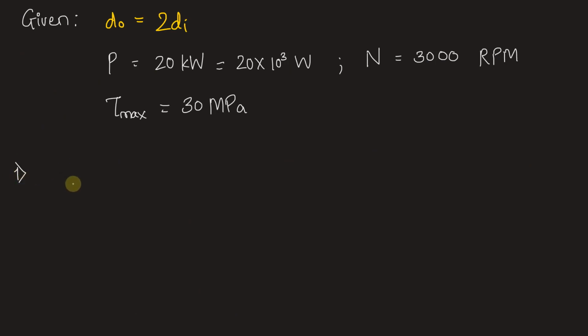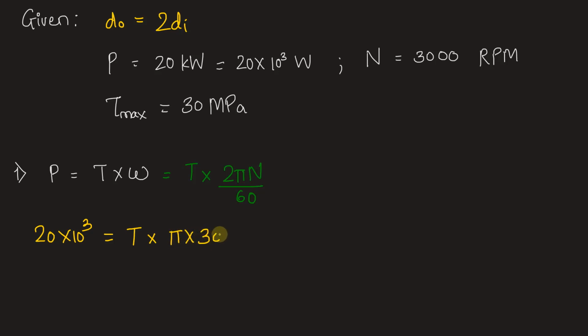First, we'll start with the relation of power and torque. Power is equal to torque applied on the shaft into its angular velocity omega. We can write omega in terms of speed in rpm as 2 pi n by 60. We have power given, so we can substitute 20 into 10 to the power 3 is equal to T, which is unknown, into 2 by 60, which gives 1 by 30, so we can write pi into n, which is 3000, and this is 30.